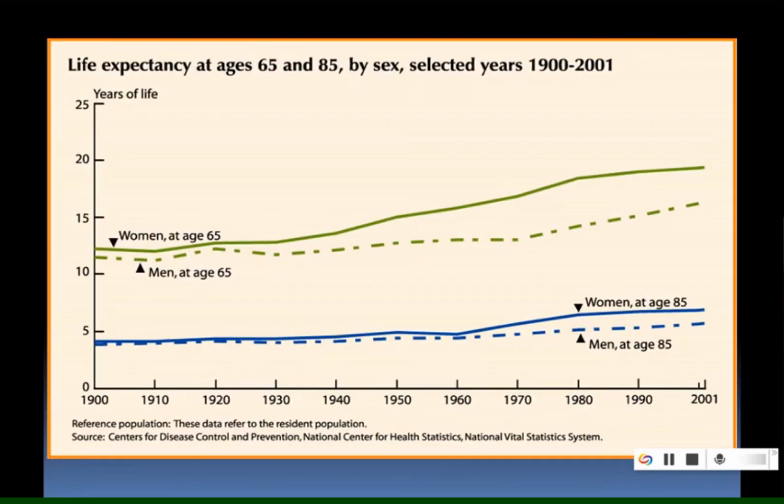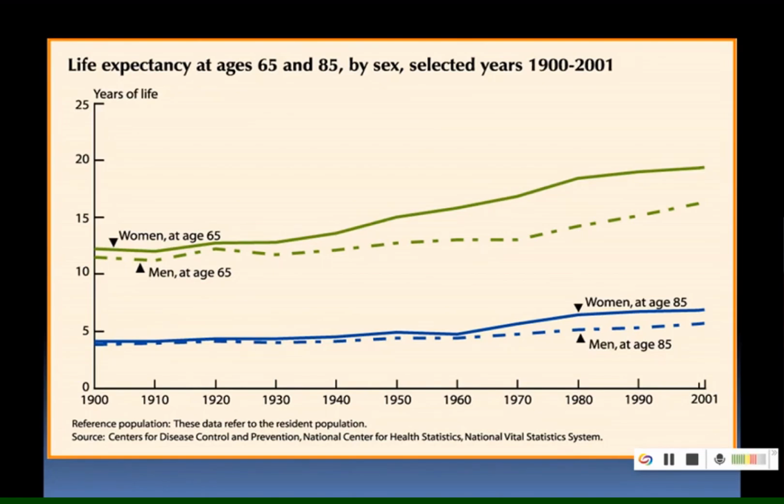Overall, we understand aging and life expectancy to increase over time. This is a somewhat older graph and projection, but it illustrates the point that both women and men have a higher life expectancy. Individuals, for example, at the age of 85 will have 5 to 6 more years of life expectancy.